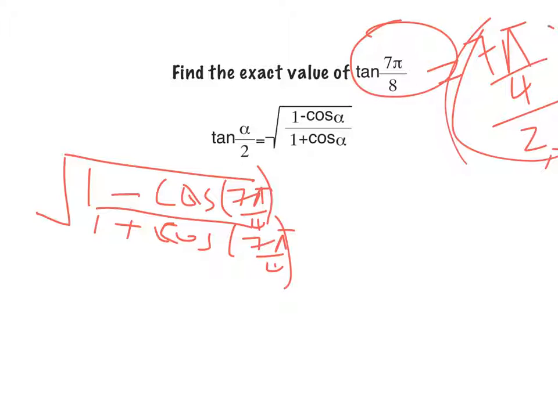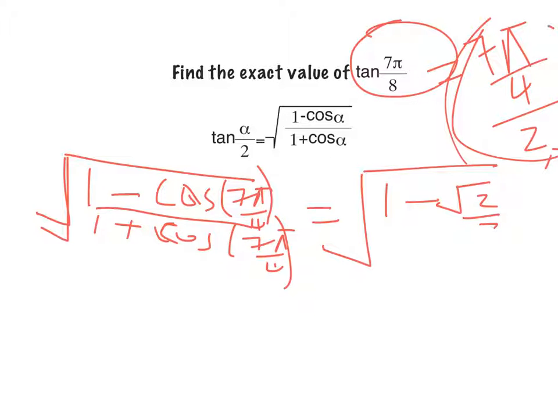This is still under the square root, and this will result in 1 minus square root of 2 over 2, divided by 1 plus square root of 2 over 2.